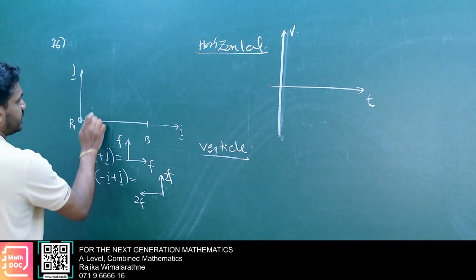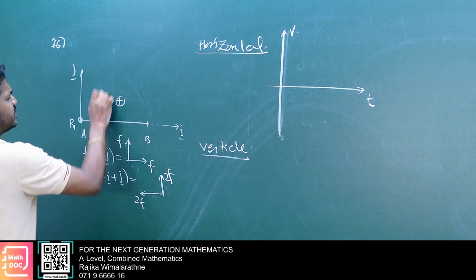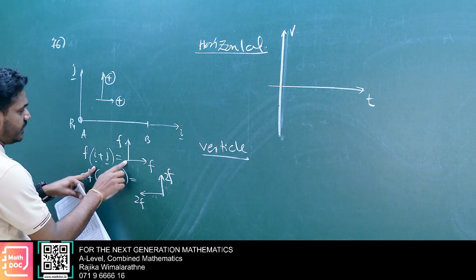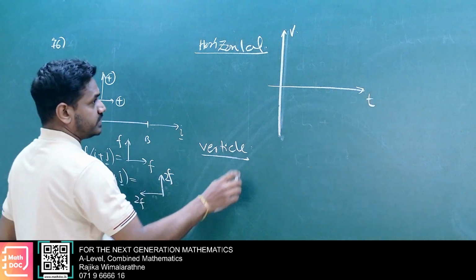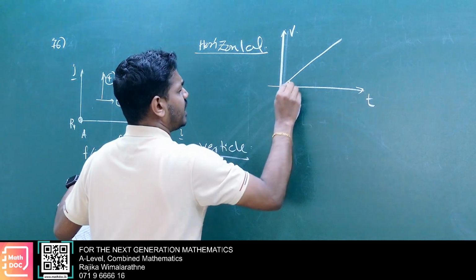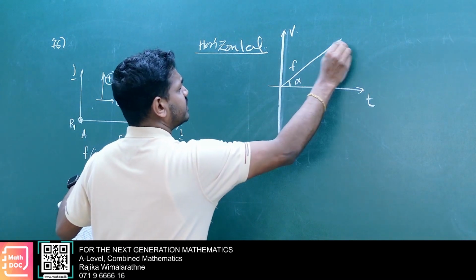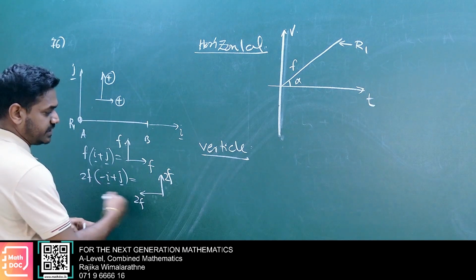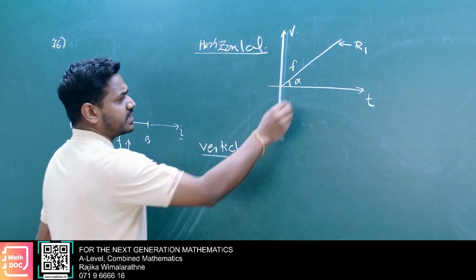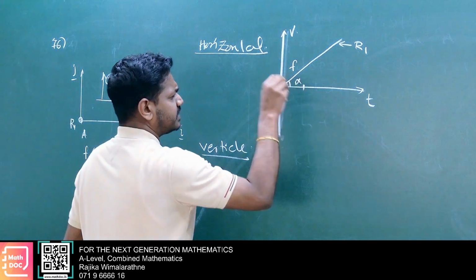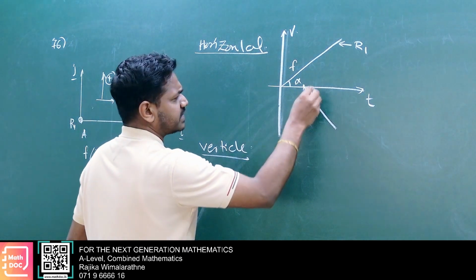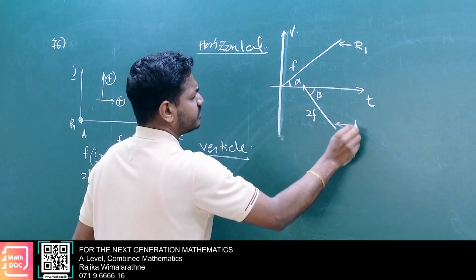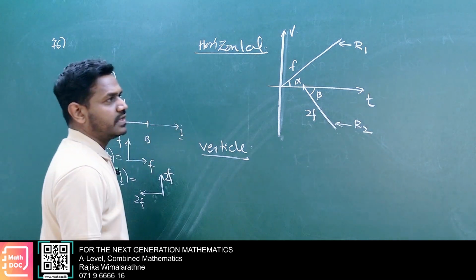I'm going to consider positive directions here. Then rocket R1, horizontally F. Here alpha, acceleration F, rocket R1. Then rocket R2, opposite direction 2F, starts at T naught. Then the opposite direction we can sketch this way, beta. Here 2F, here R2. That is horizontal.